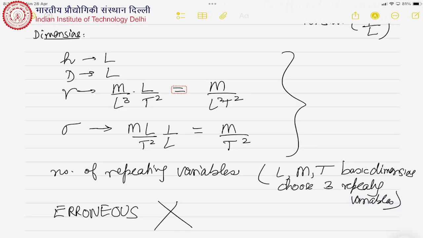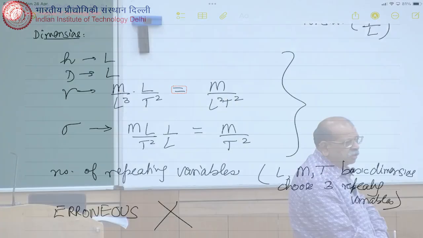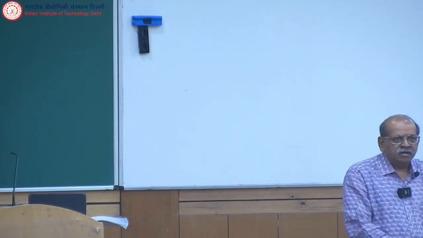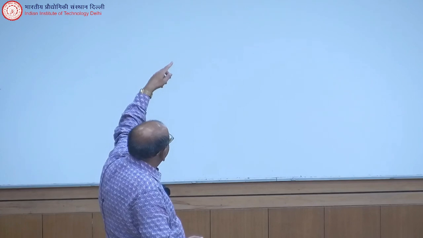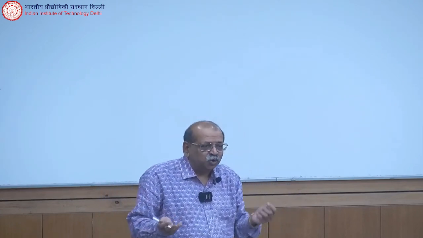Why? If you look at the dimensions, M and T always occur as M by T square. So suppose if M by T square was alpha, then you would have had only L and alpha. That means you should choose 2 repeating variables, not 3.